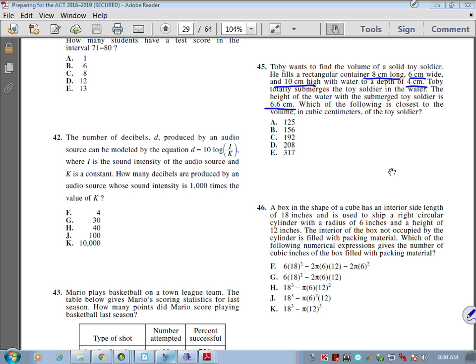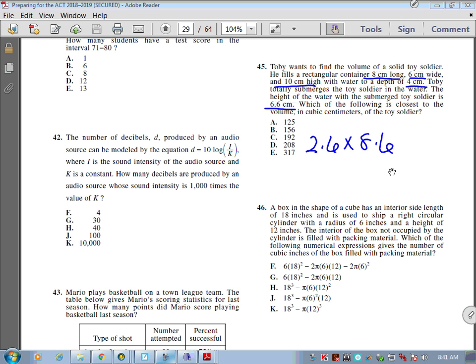The other thing you could do that might be quicker is to subtract 4 from 6.6, which should be 2.6.